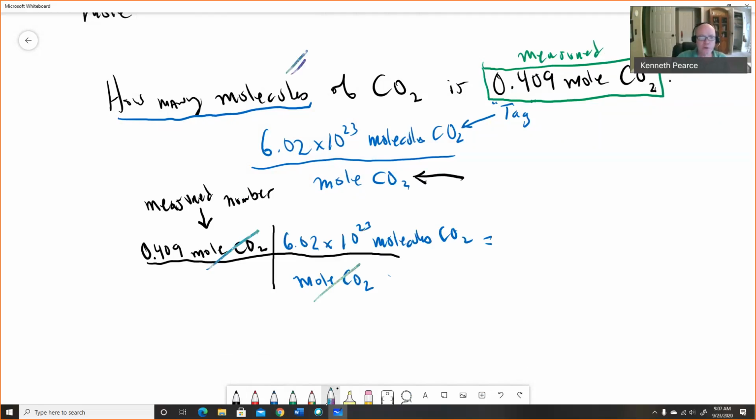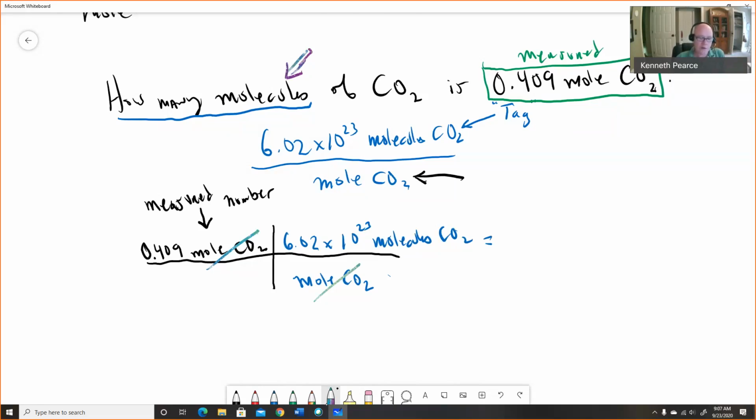Because what are we looking for? We are looking for molecules of CO2. Not to be confused with moles. Moles and molecules are not the same thing. So we go ahead and put this in our calculator. And you should do this on your calculator to make sure that you can do it. Okay? You need to be practicing.